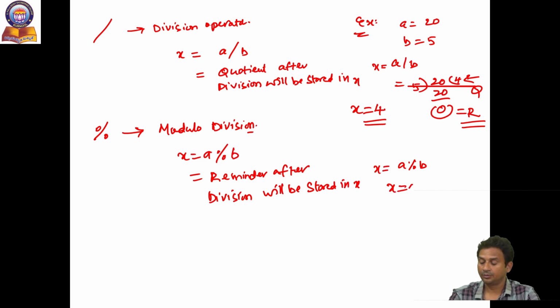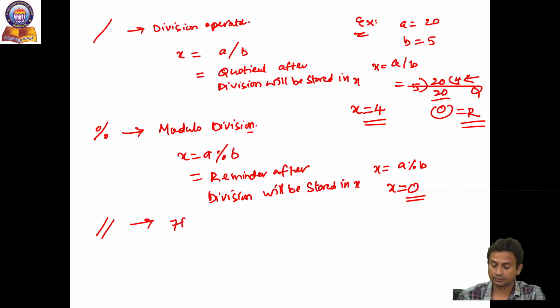The modular division returns the result as the remainder. The remainder after division will be stored in x. So in this case, the value of x will be 0. The remainder will be 0. This is the difference between the slash, which is a division operation, and the percent sign, which is a modular division. And along with that, we have a floor division.